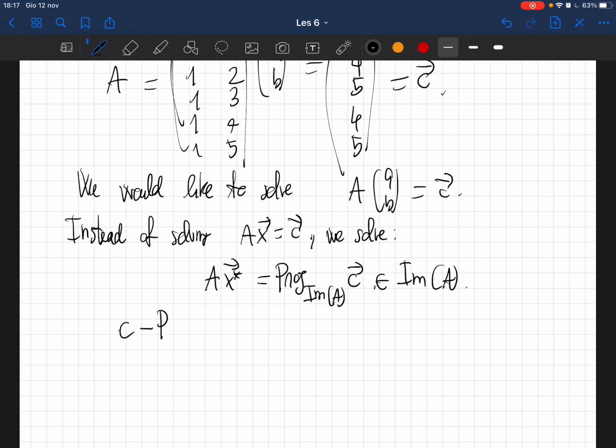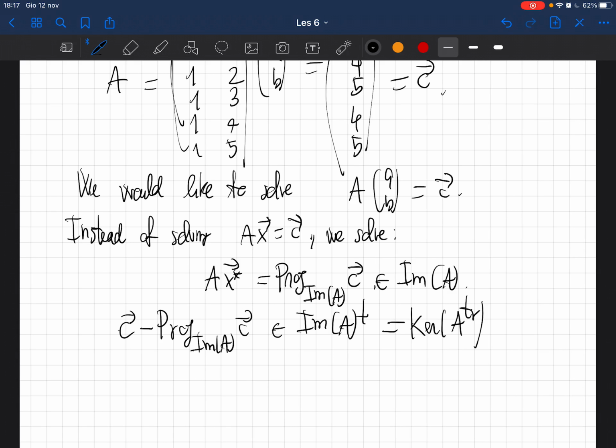There's something else. Recall that if you take C minus the projection on the image of A, this lives in the orthogonal of the image. And there is a result one can invoke, that the orthogonal of the image coincides with the kernel of the transpose.